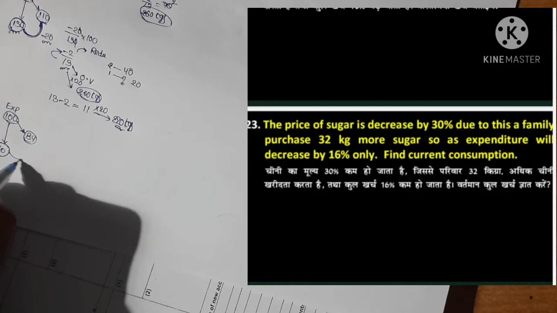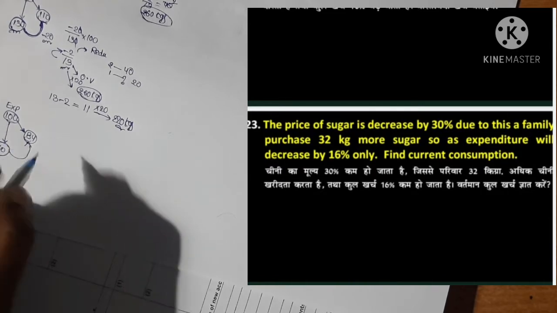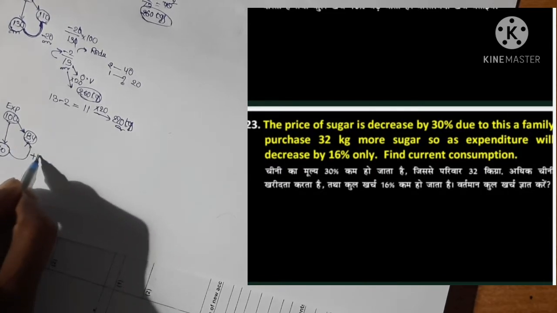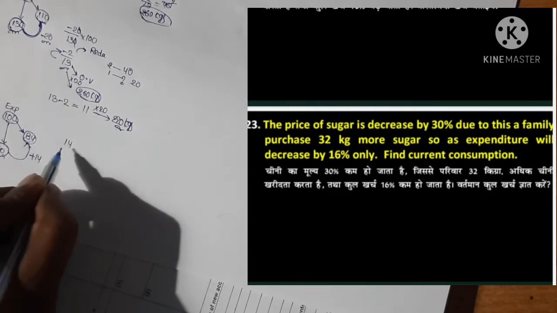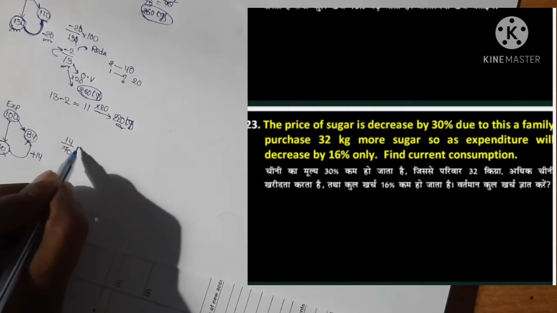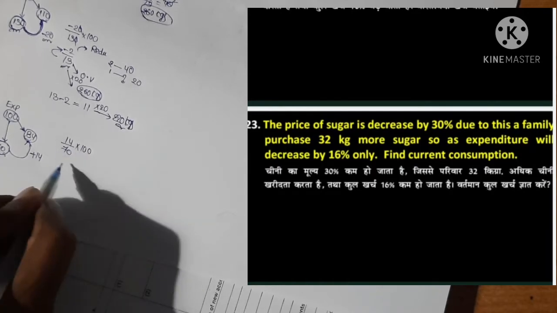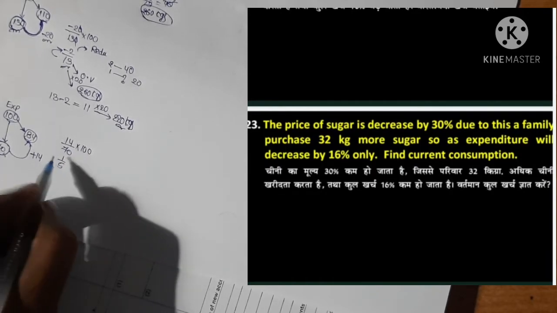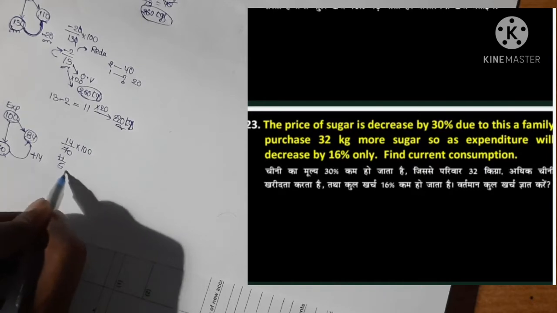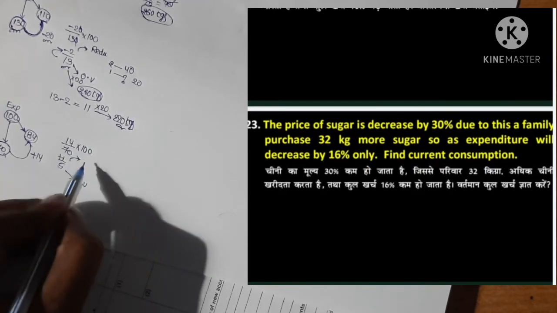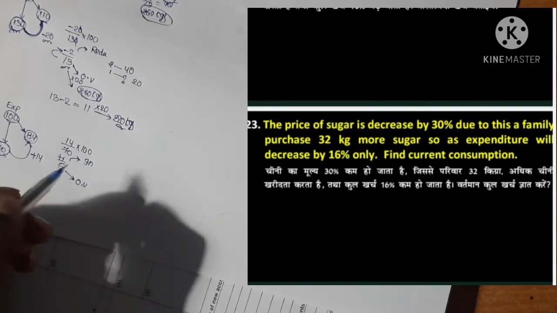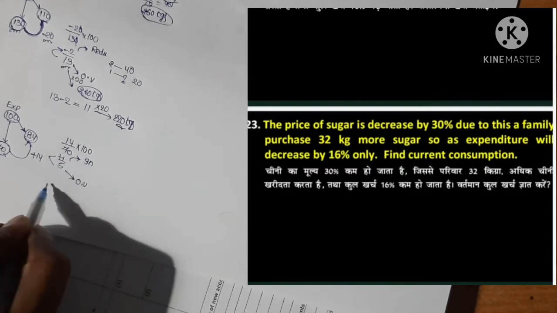So how much consumption do you have to increase? You have to increase plus 14 for 70. 14 by 70 into 100, so 1 by 7. This is the original value, and this is the increased value. So the current consumption is 6 units.